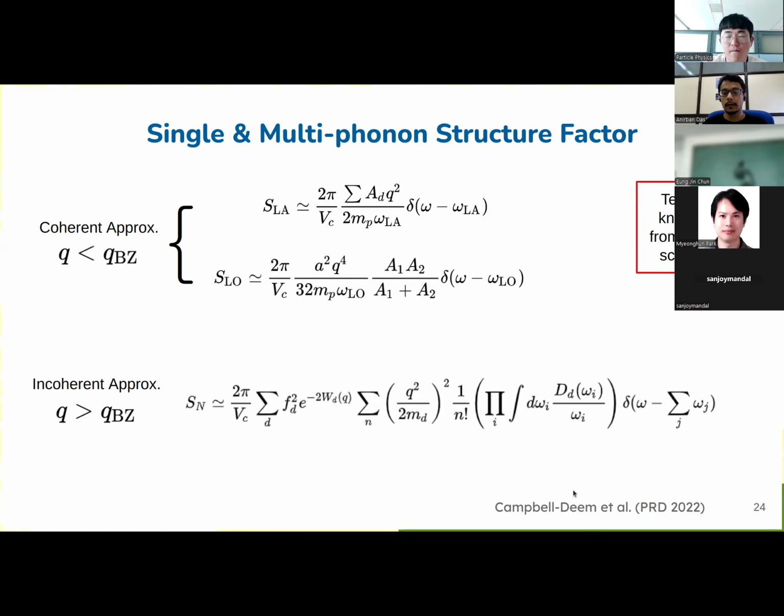They're actually taken from this paper, where, inspired by neutron scattering, you can calculate this structure factor in various different regimes of momentum transfer. When q is smaller than q_BZ, where q_BZ means 1/a, and a is the lattice spacing, or when q is bigger than that, you can have different analytic approximations for this structure factor.